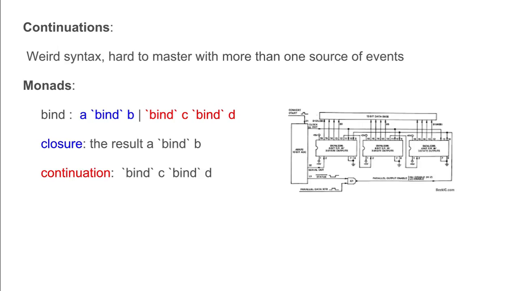We can do whatever, but it's not very manageable, and it's not clear how to manage different sources of events in a composable way. So I return to monads.